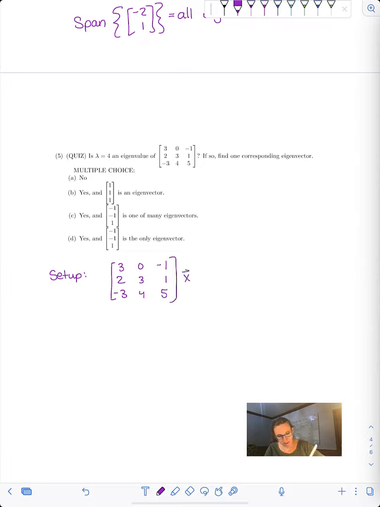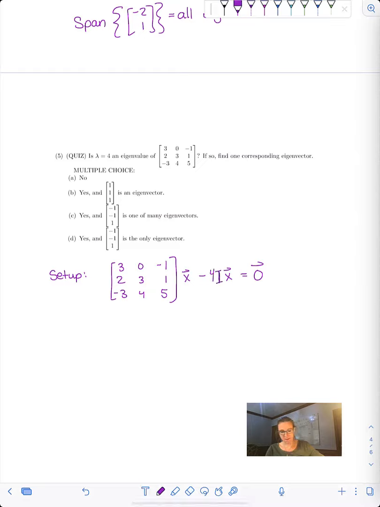Our equation is this times x equals 4x, but then we can subtract, and that 4x is actually 4 times the identity times x.